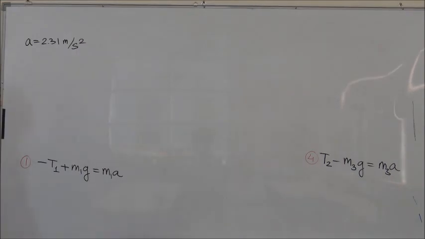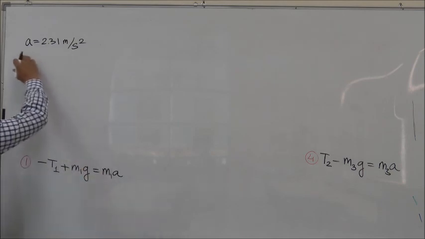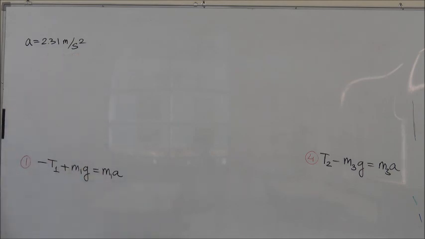So in part B of this question, we found the acceleration of the system to be 2.31 meters per second squared. In part C now, we need to find the tension in each cable. So let's start with T1.